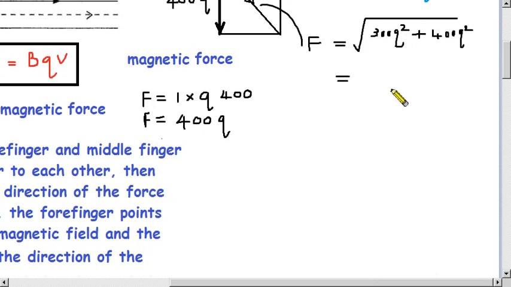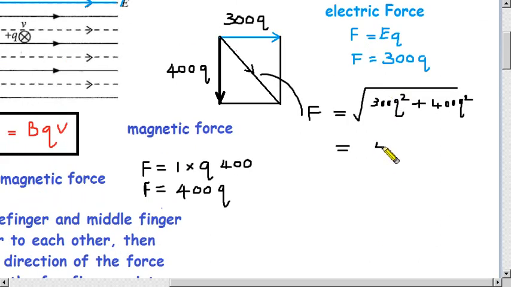If you know 3 and 4, then you get 5. So 500 Q is the answer. You don't have to calculate, 3, 4, 5, then 6, 8, 10, like that. The relationship comes from the Pythagoras theorem.